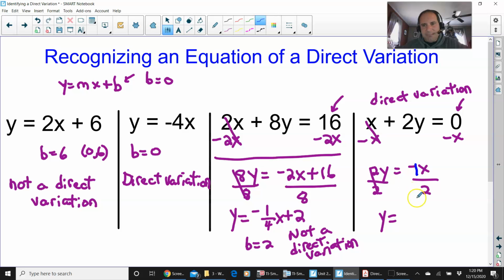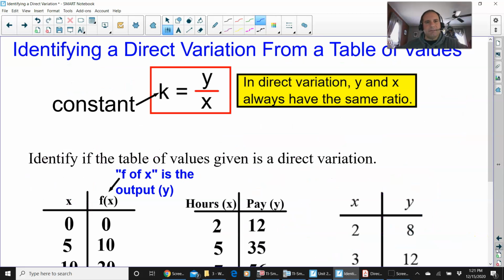So we're just going to keep that fraction. You see this fraction right here? This is -1/2. So that's what I'm going to put, -1/2x. And this is a direct variation. All right, that's it. Let's go on.